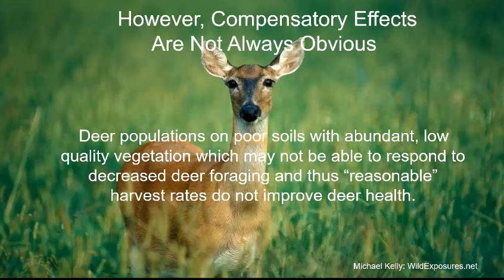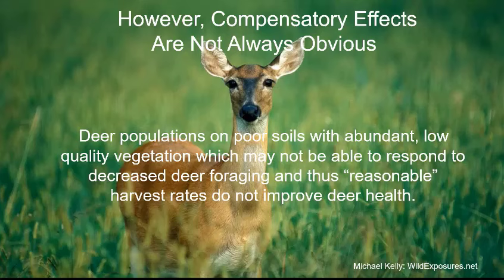And typically, deer populations on really poor soils have an abundant low quality vegetation. There might be lots of green vegetation, but it's not good quality vegetation. It's there because there's enough sunshine reaching the ground to have some green vegetation, but it's not quality enough to support a healthy deer population.